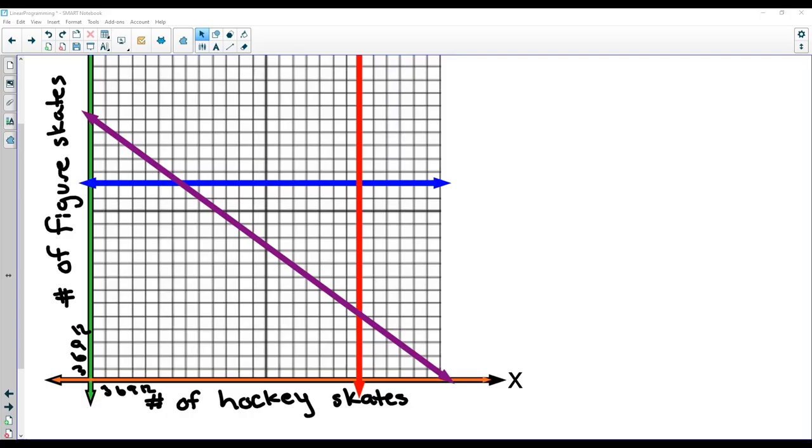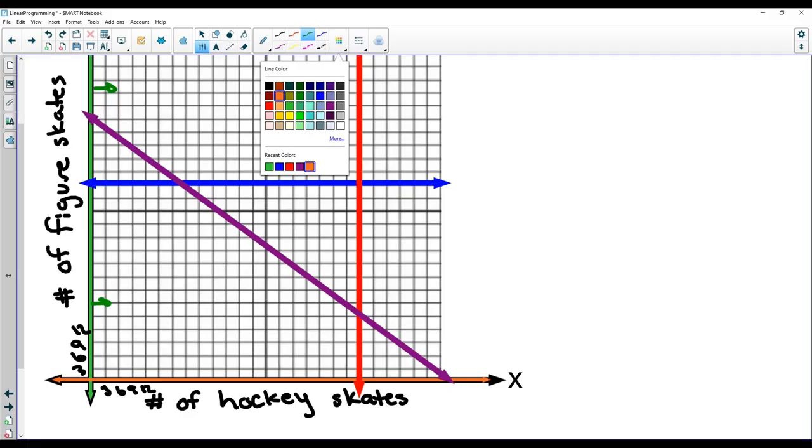Now the next piece, if you look at your notes, is that we are going to identify the corner points. One of the things that we need to do first is figure out where to shade. So we're going to look at our inequalities one more time. For the green line, we want things that are greater than 0.